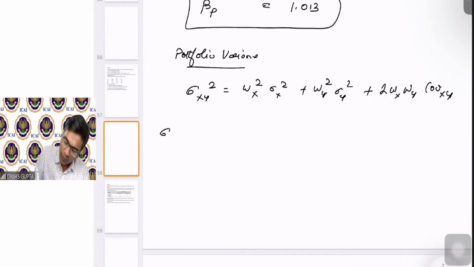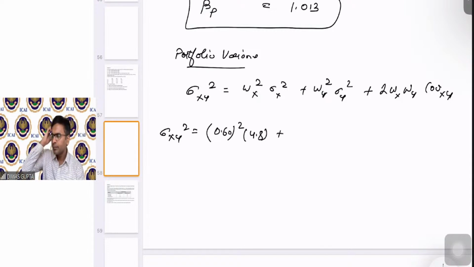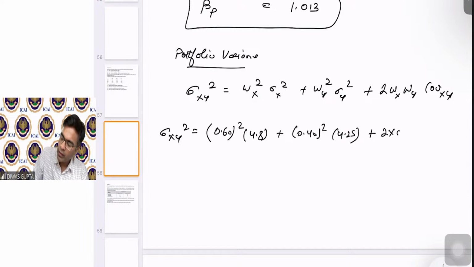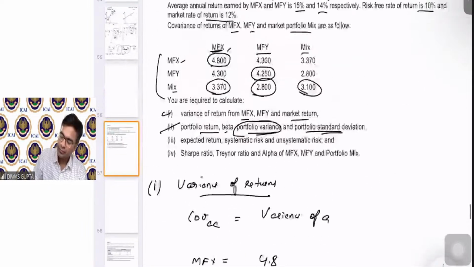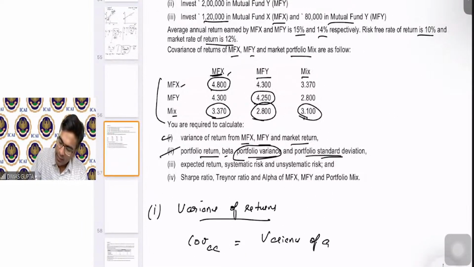So this will be 0.60 square, and already this is 4.8 that is given. 0.40 square, and this is 4.25, which is also given. 2 into 0.60 into 0.40 into covariance between X and Y. X and Y is 4.30.